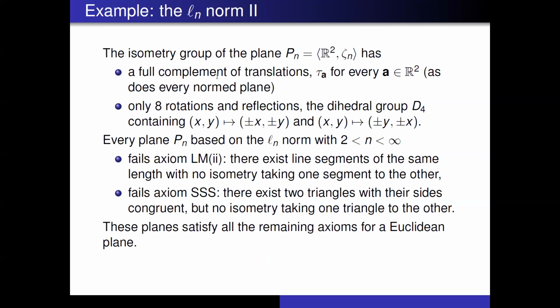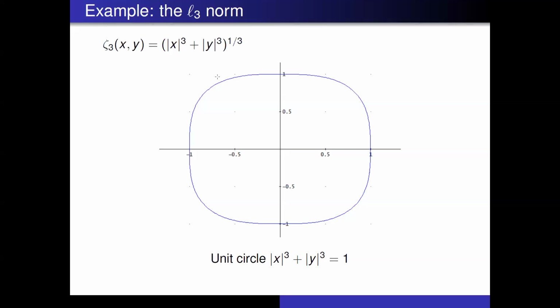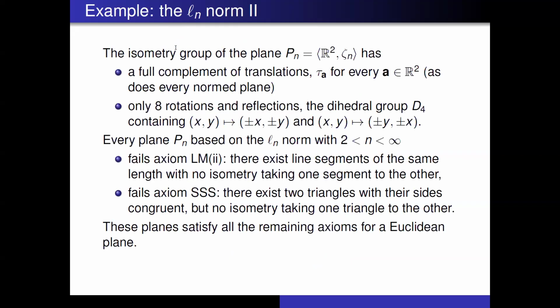Now if you look at the norm, just going back, x cubed plus y cubed, obviously you can interchange x and minus x, and you can interchange x and y. But it turns out that's all you can do, and that gives you a dihedral group. xy goes to plus or minus x, plus or minus y, or plus or minus y, plus or minus x.